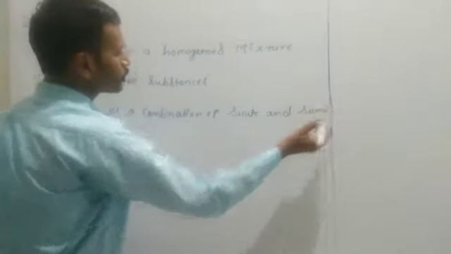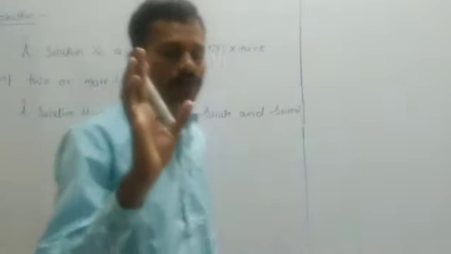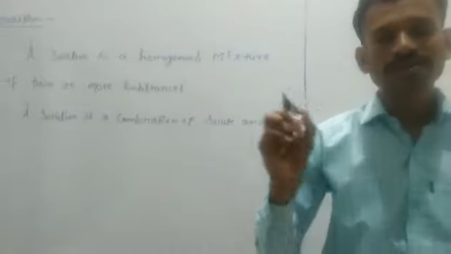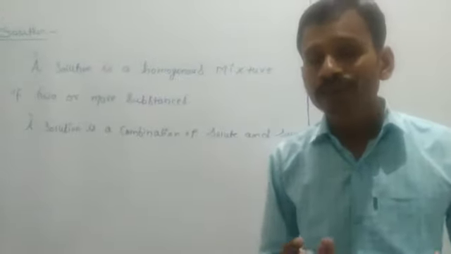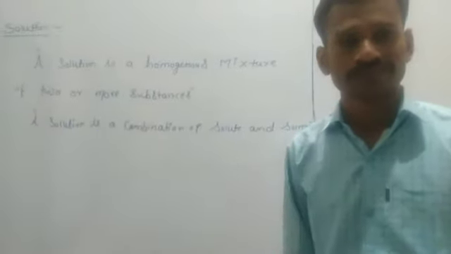This is another definition. It means a solution is formed by basically two substances. One is called the solute, and the second type of substance is called the solvent.